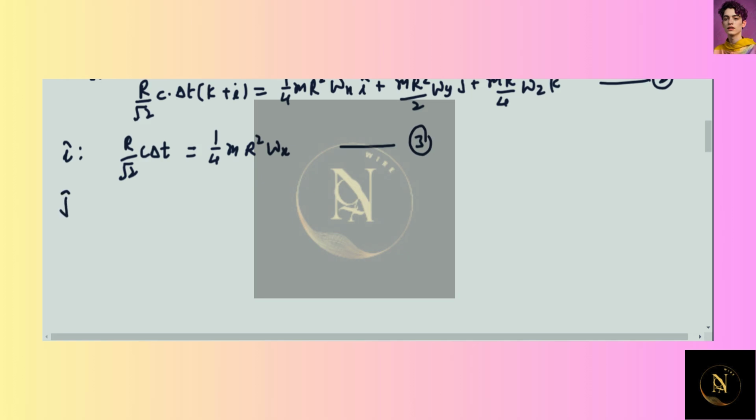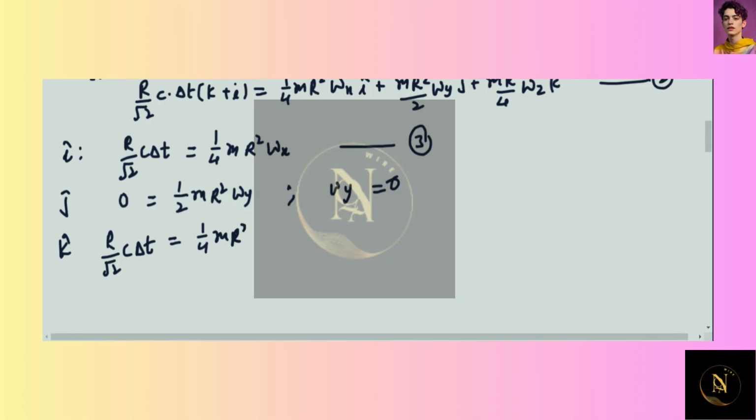For j cap, 0 is equal to half mr square omega y, that is omega y is equal to 0. For k cap, r upon root 2 C delta t is equal to 1 by 4 mr square omega z, say equation 4.